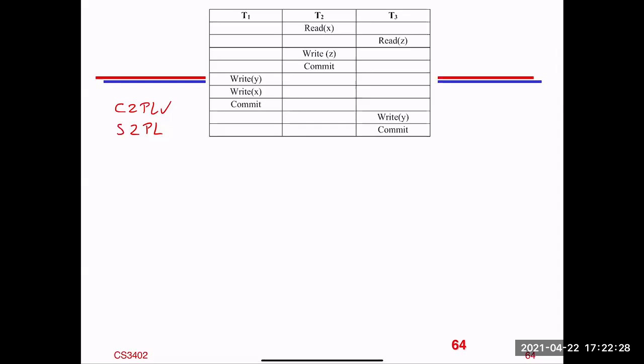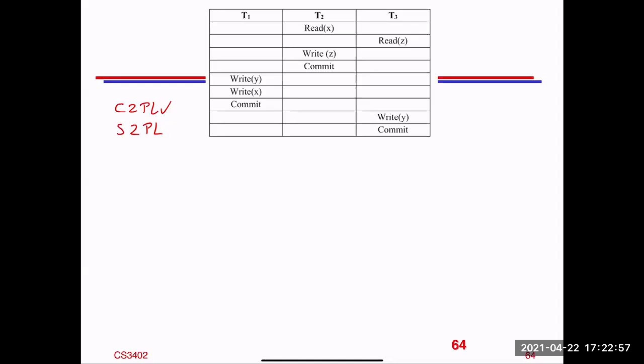So what is T1 waiting for? When it executes this right here, it will need to acquire a write lock on X, and it can't, so it waits for the lock on X. Exactly, so that's the problem.